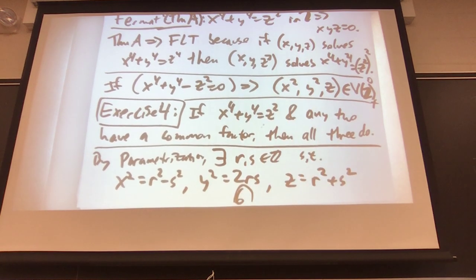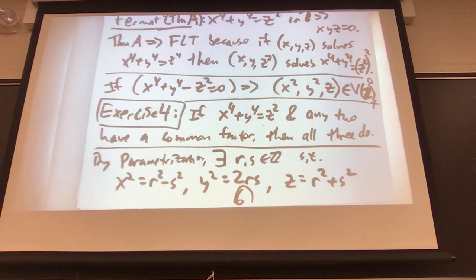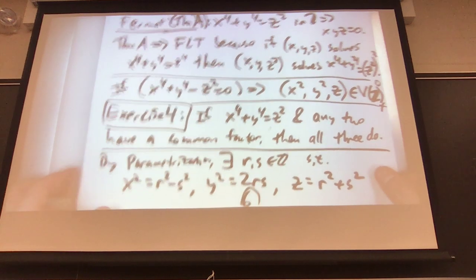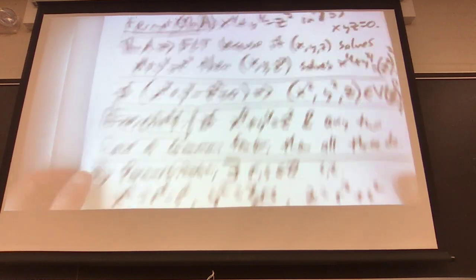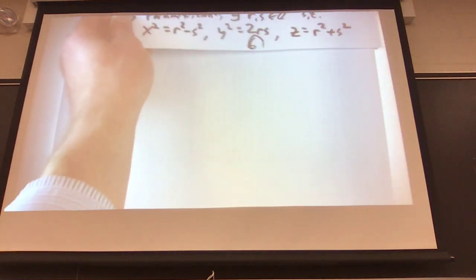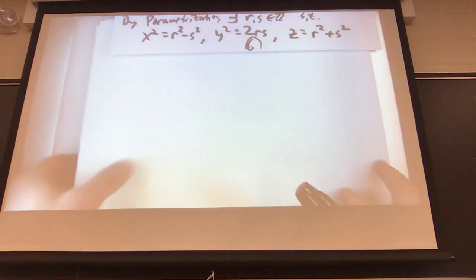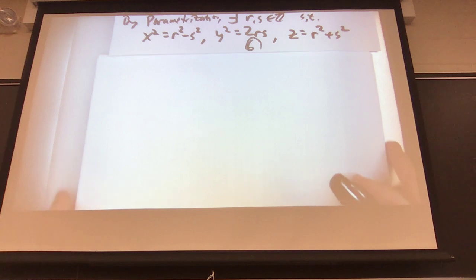This is going to be the thing that kills the equation. We're not going to get the full solution today. There's a couple more steps that I could rush, but the idea is not to rush, but for you to understand.